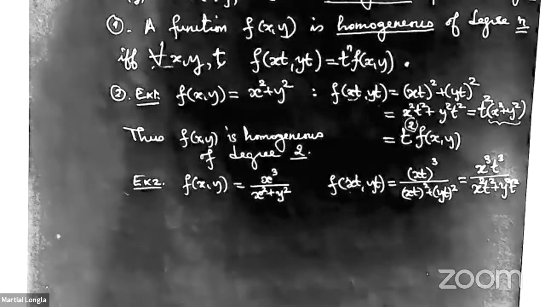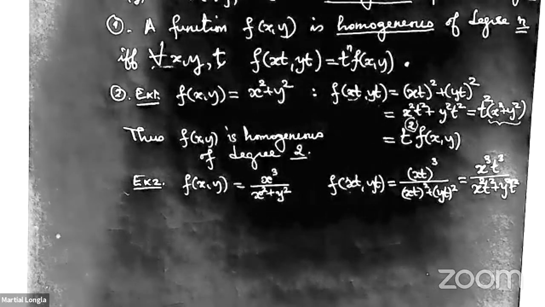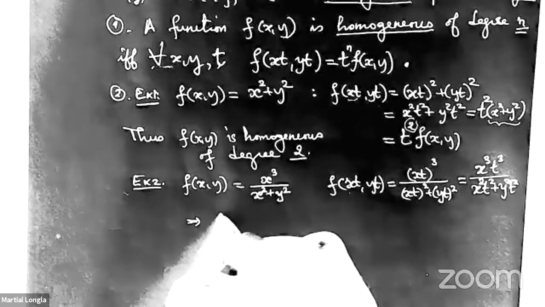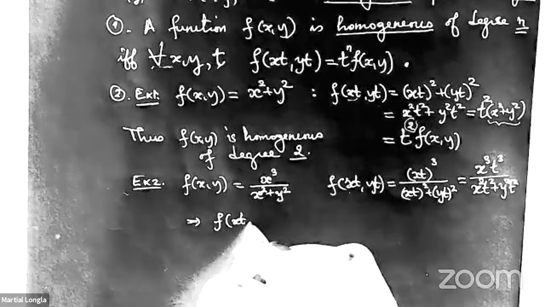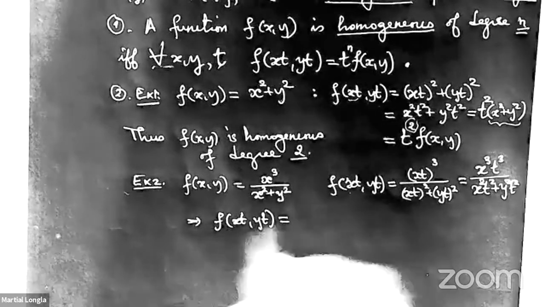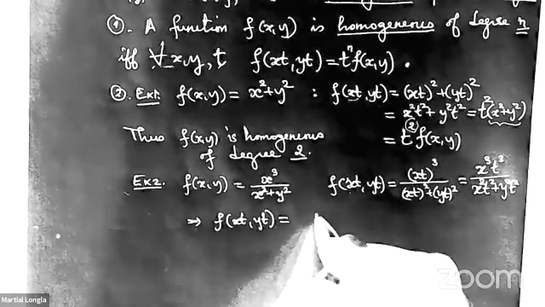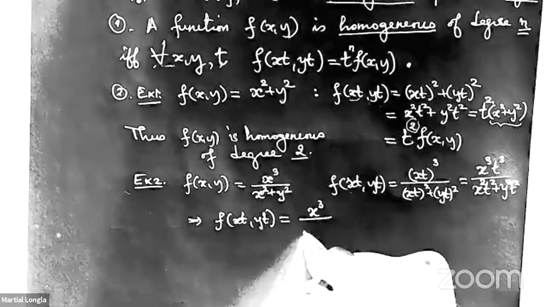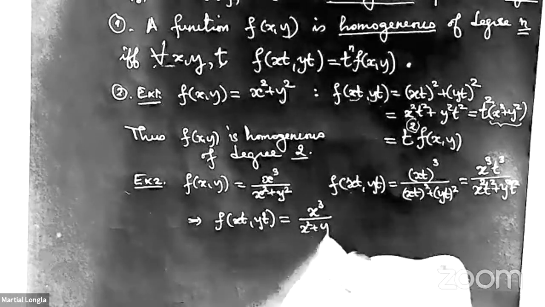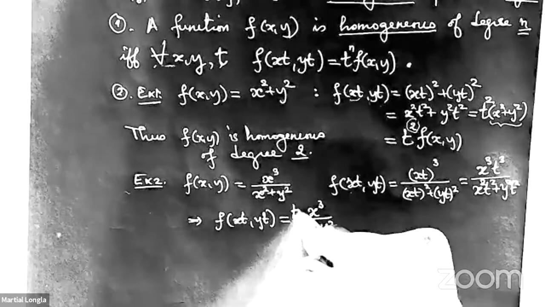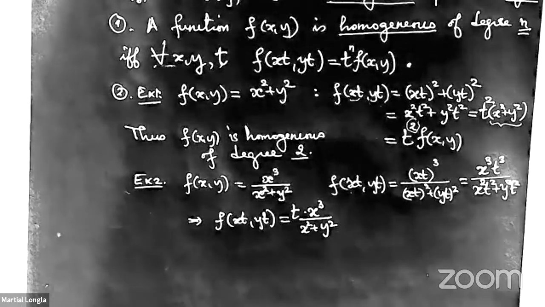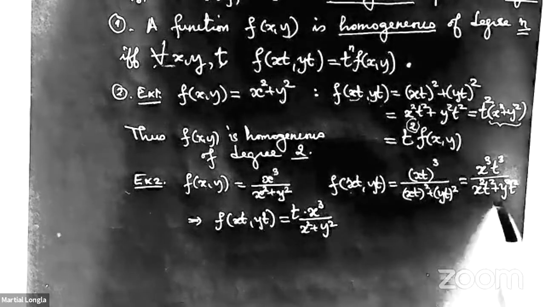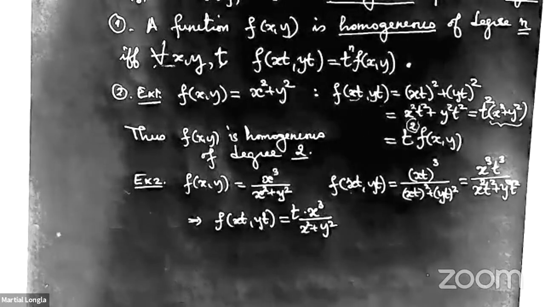So this is what you get. Now you can see that the t's cancel: f(xt, yt) equals x³ / (x² + y²) times t, because t² cancels with the t² that is down there. You factor it out, it cancels.